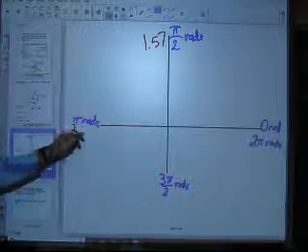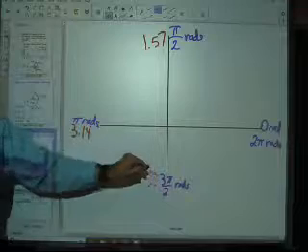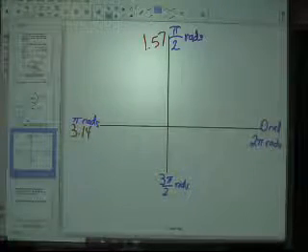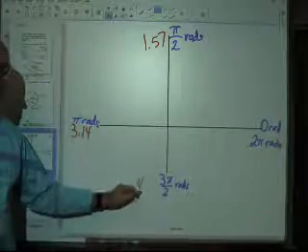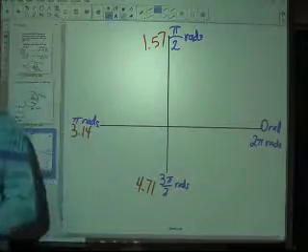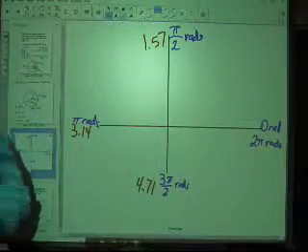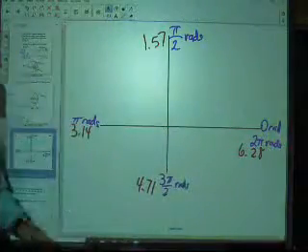Now, 3 pi divided by 2 is about what decimal? 4.71. Now tell me this one over here. Okay, 6.2.